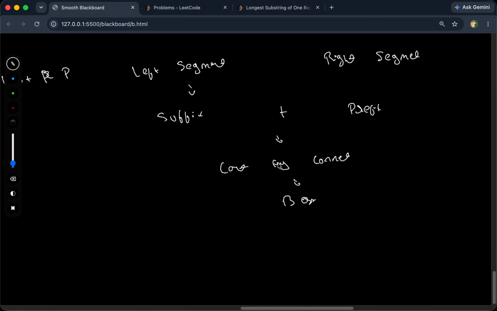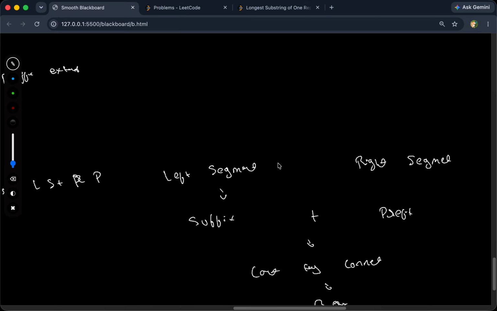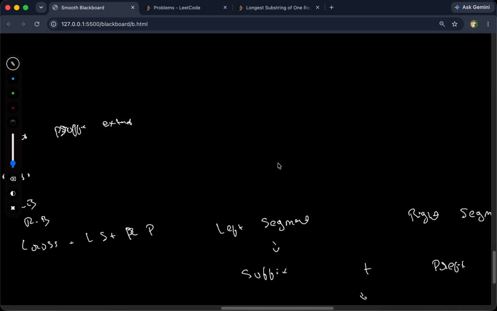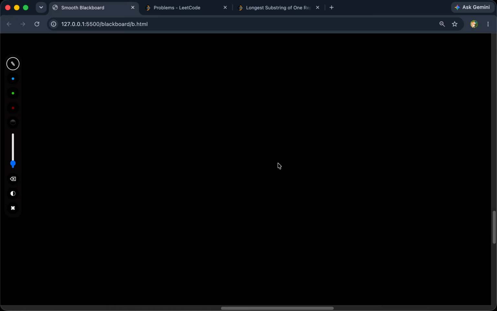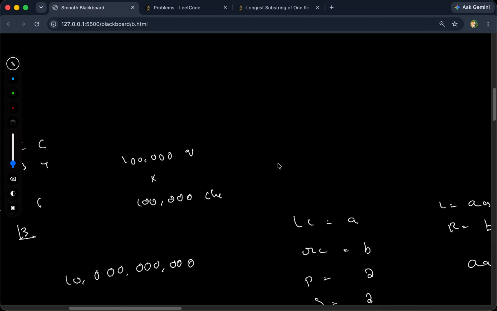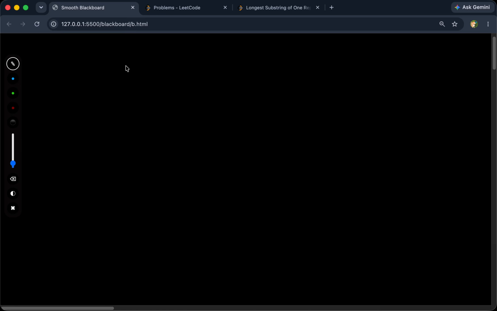Now the most important part. We already know that every segment tree node stores left character, right character, prefix, suffix and best. Now we need to understand how two child nodes are combined. So let's take a small example. Suppose the string is abbb, so we divide into left is equal to a and right is equal to bbb.